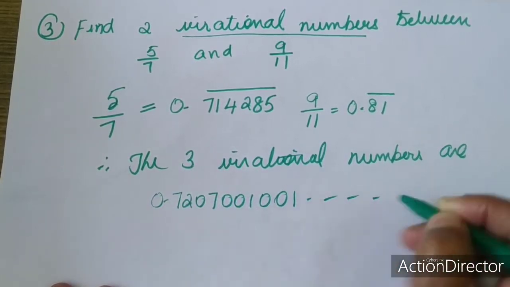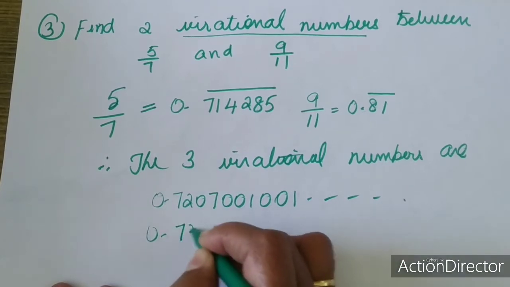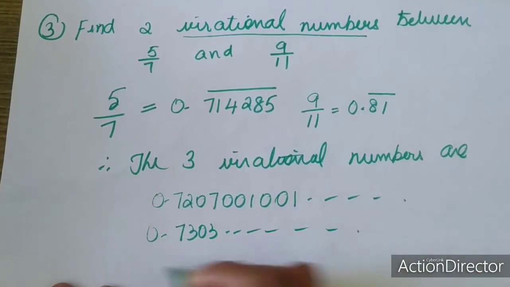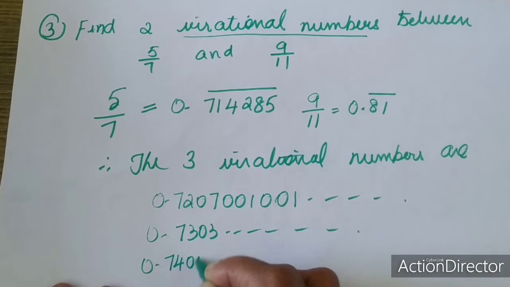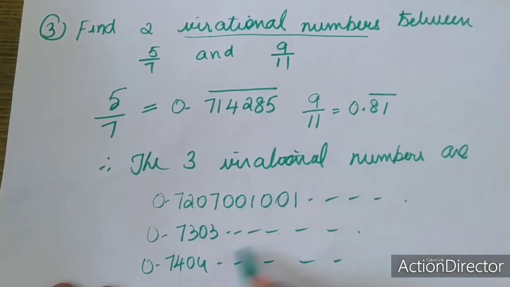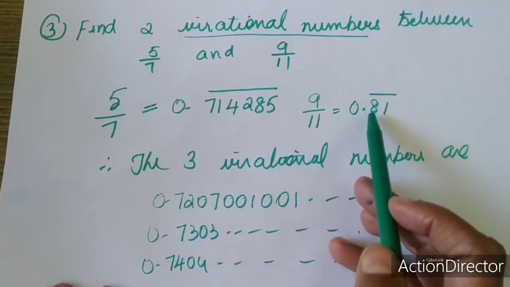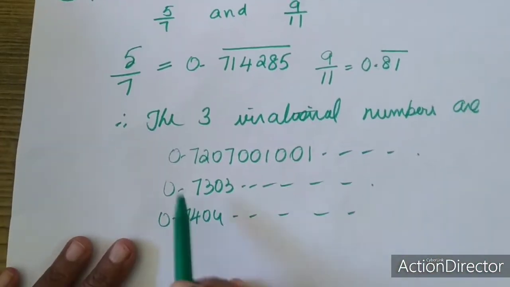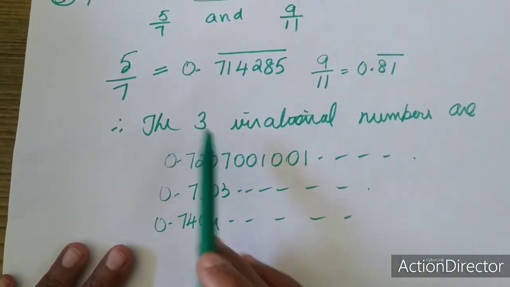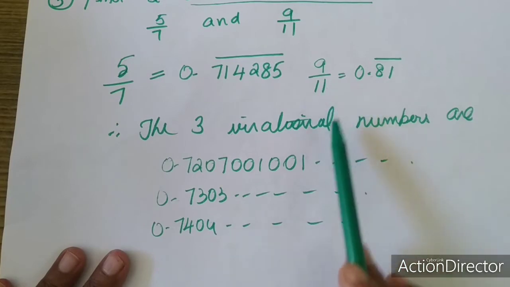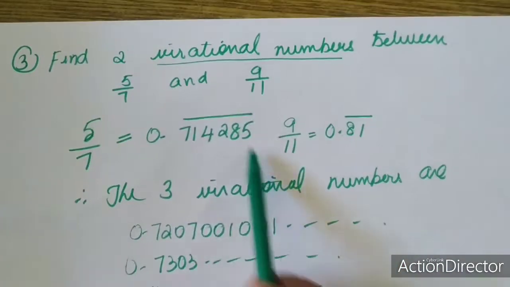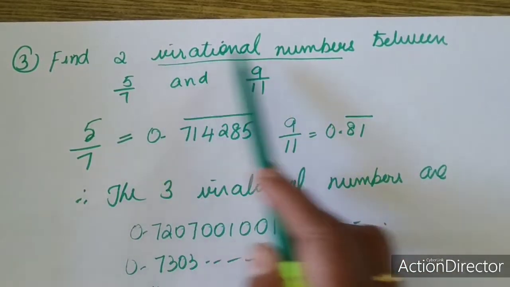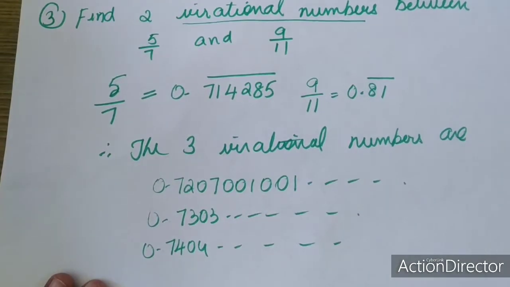So this dot is necessary, and here 0.7303 dot dot dot and 0.7404 dot dot. Any number you can write over here. See to it that you finish it before 0.8. So these are the three irrational numbers between 5 upon 7 and 9 upon 11. So read the question carefully whether it is rational or irrational.